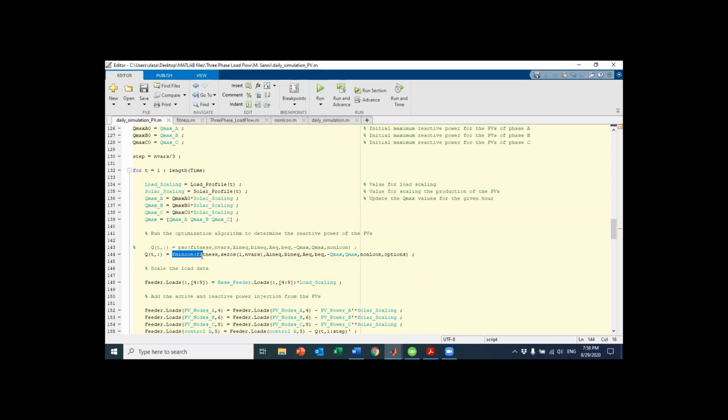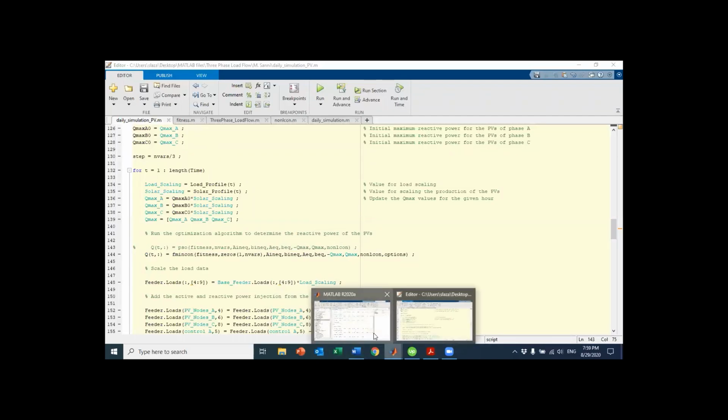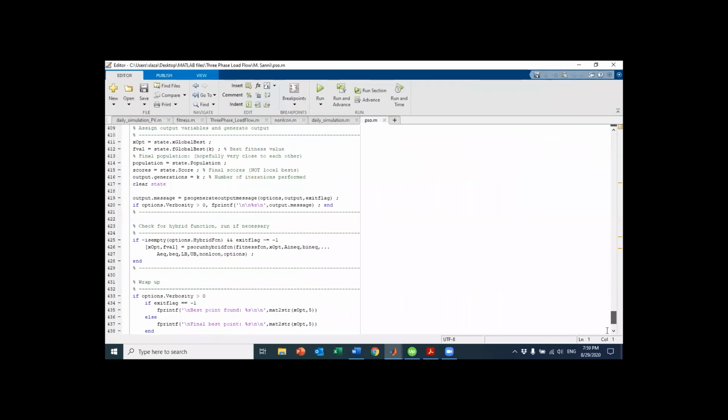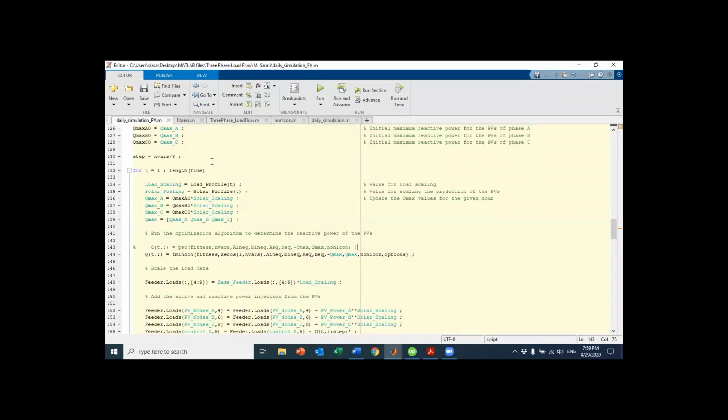The reason I use fmincon is that it's much faster than the PSO. The particle swarm optimization is also implemented, and you can just comment this part and uncomment this part to run it. You can see that it's implemented here in the files, in PSO, completely with a large number of different functions.